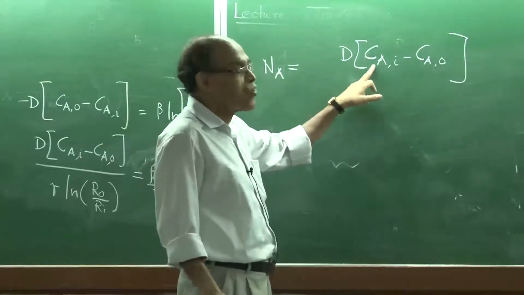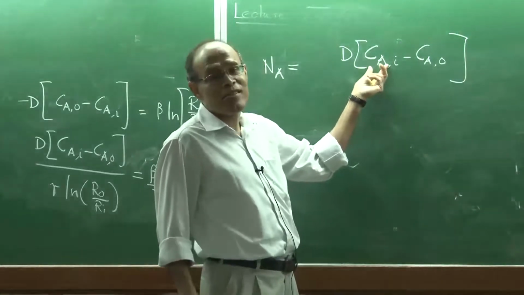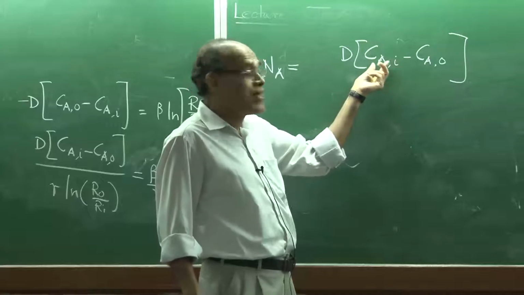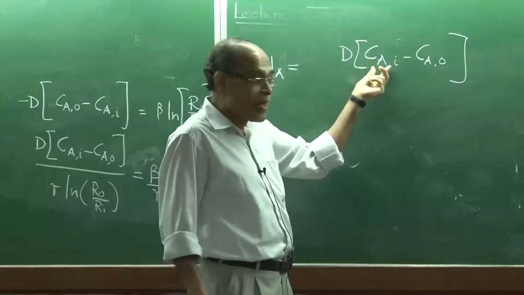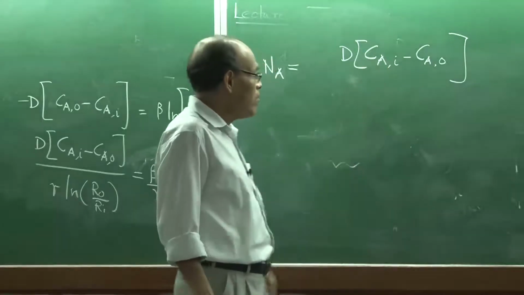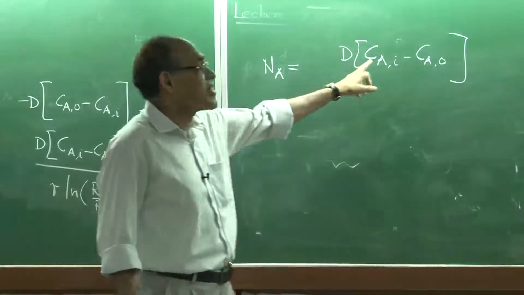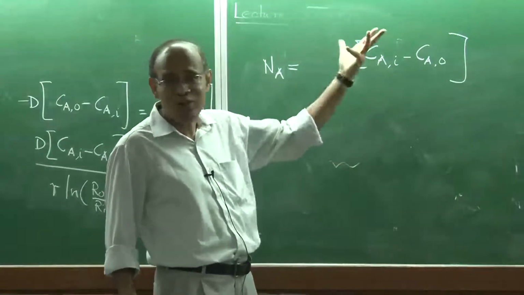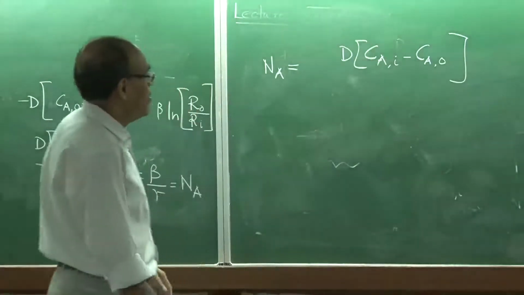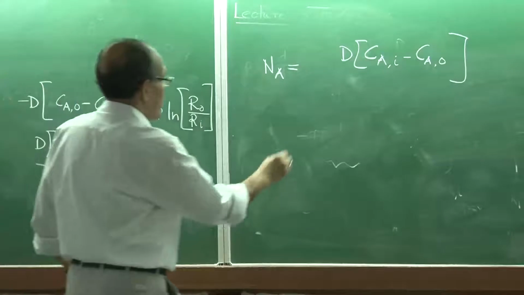If you are talking of gas concentrations, then these C concentrations, if in kg moles per meter cube, can, assuming the ideal gas law, be converted into partial pressures, which I have already discussed and need not be repeated in this particular case.